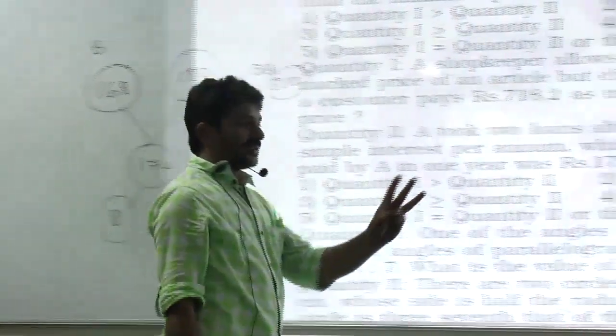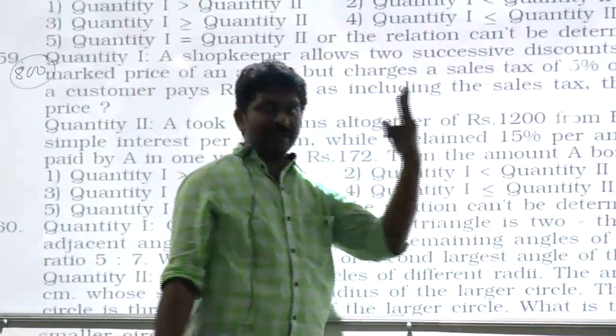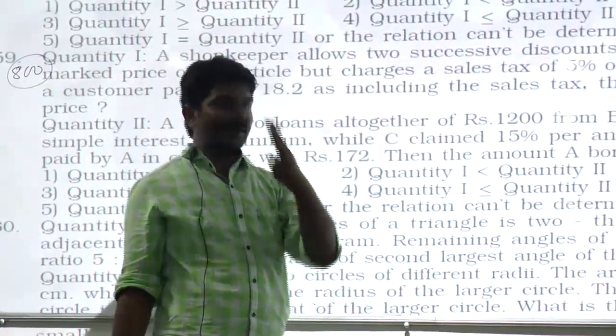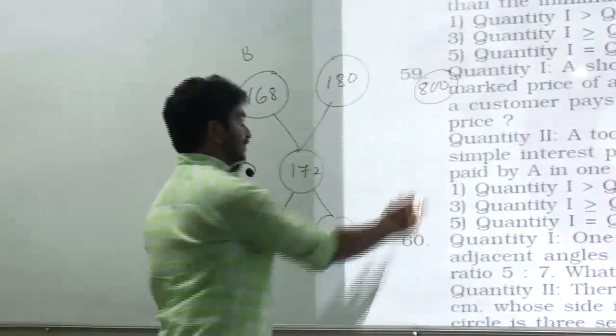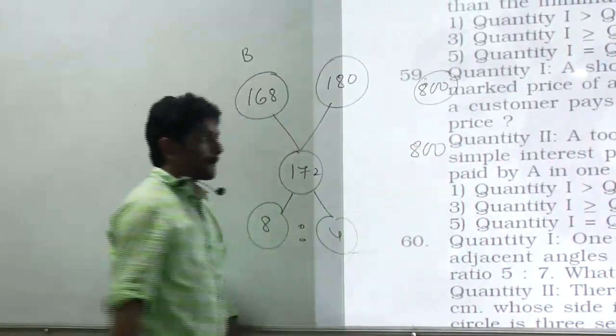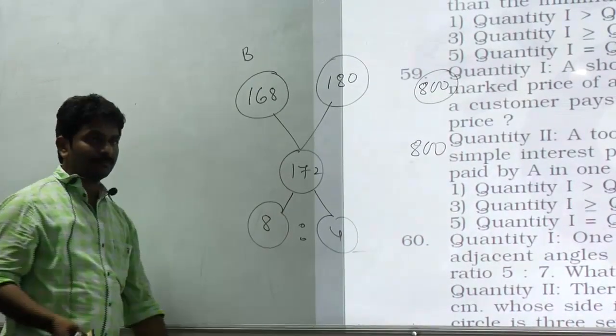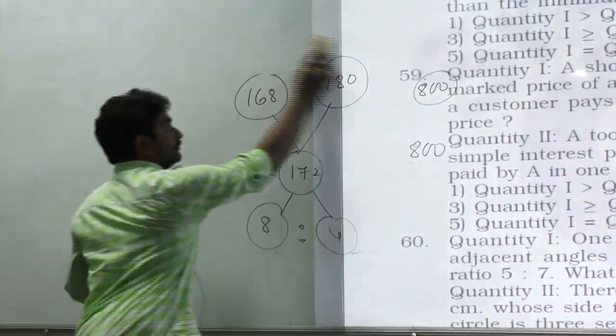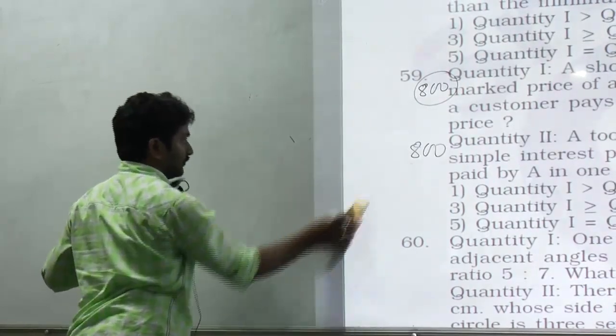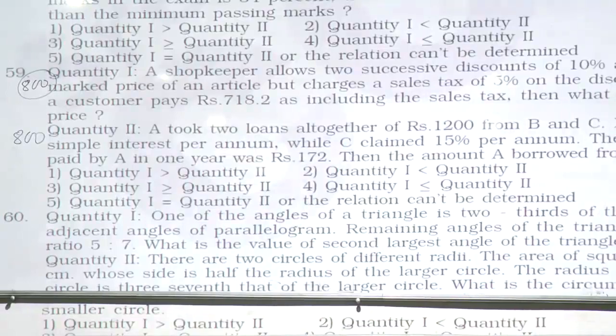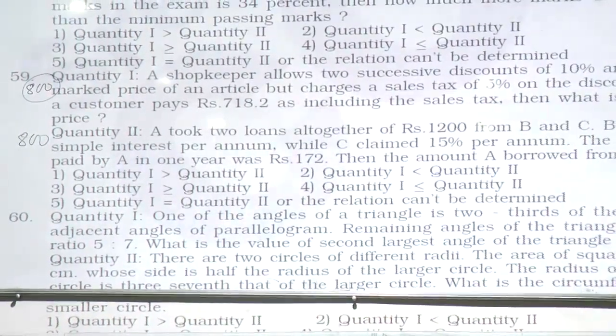So total money is 1200. 1200 is 3 parts. 1 part is 400. From B he is taking 2 parts, so that is 800. So this is 800. You can go for alligation or even the reverse method also.